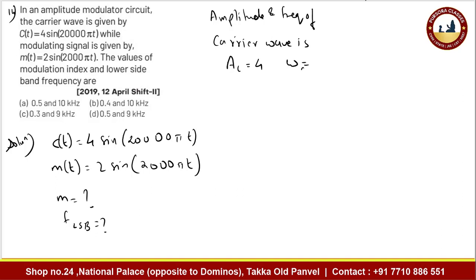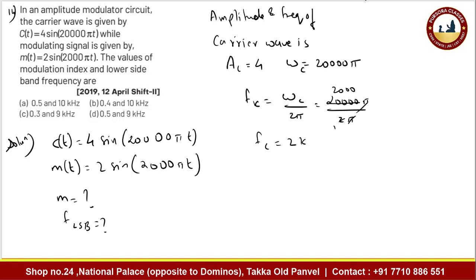We have omega as 20,000 pi. So the frequency of carrier will be omega upon 2 pi, that is 20,000 pi upon 2 pi. Pi gets cancelled.